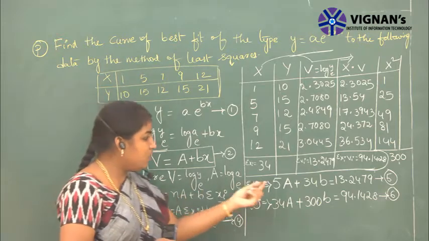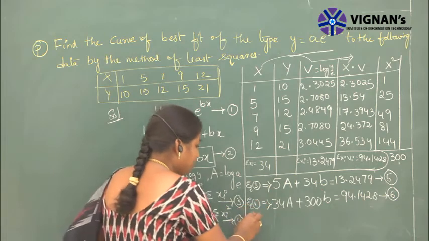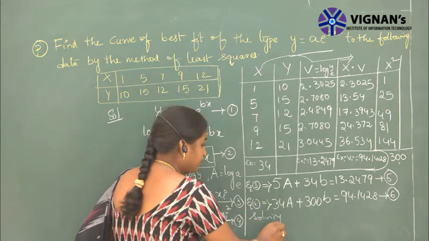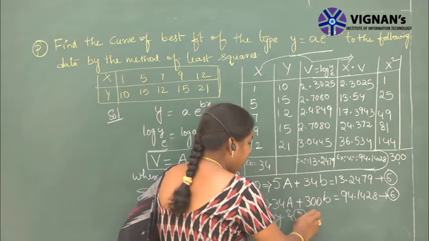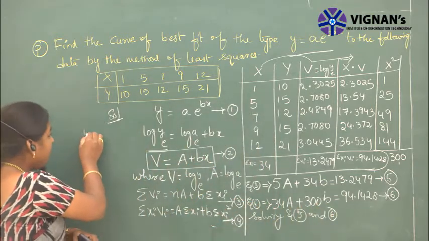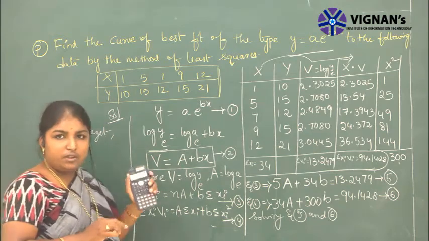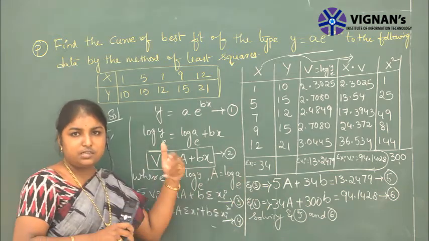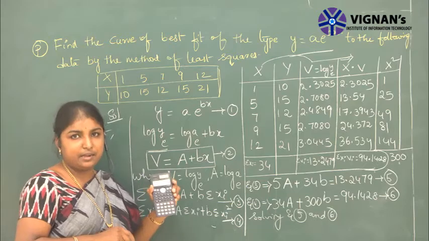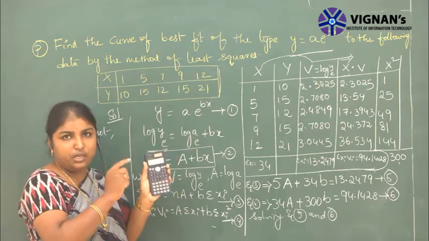We get two unknowns, capital A and small b values, right? Solving equation 5 and 6, for solving these two equations, again we are using the calculator. So in your calculator, mode can be changed to equation.